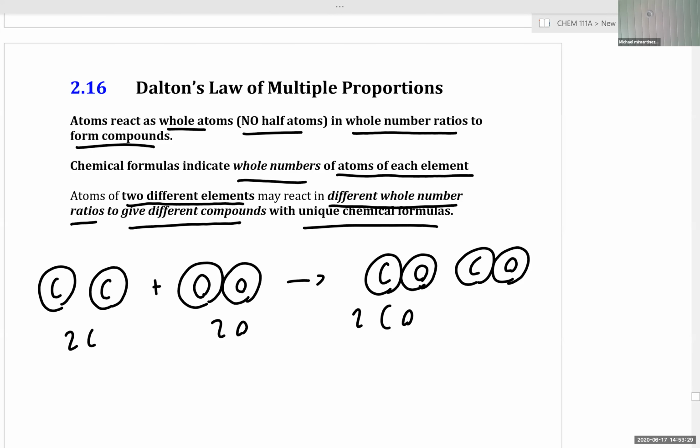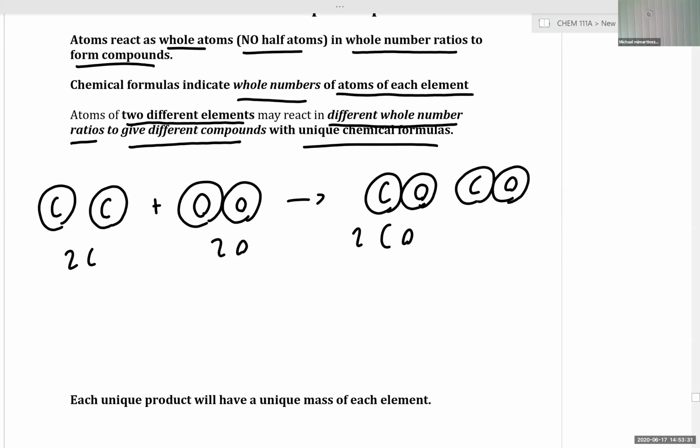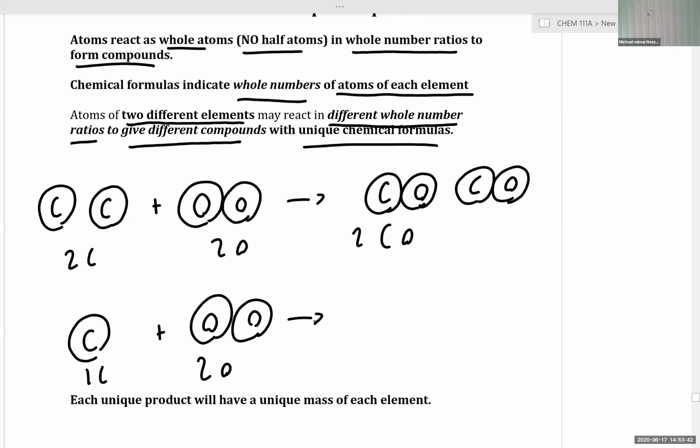If I changed the ratio of carbon to oxygen and reacted 1 carbon atom with 2 oxygen atoms, I would generate 1 molecule of carbon dioxide.